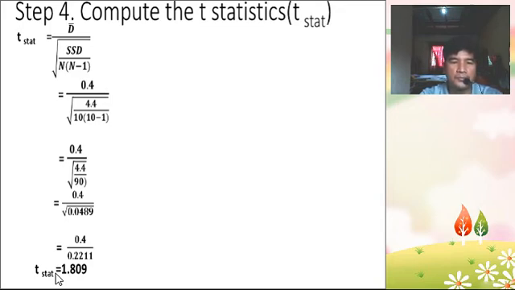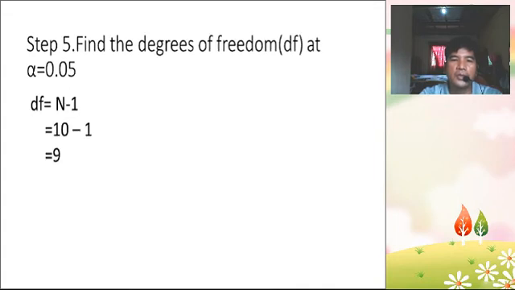Okay, next, you are going to move to step number 5. For step number 5, find the degrees of freedom or DF at 0.05. The formula for degrees of freedom is n minus 1, wherein the number of participants is 10, minus 1 equals 9.